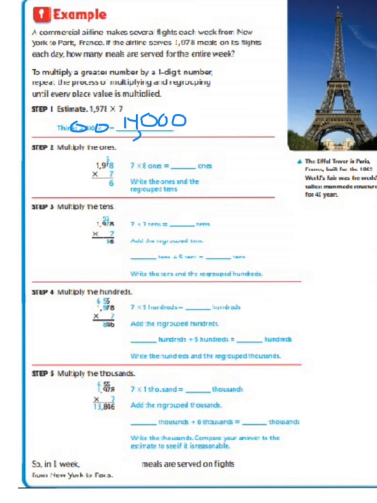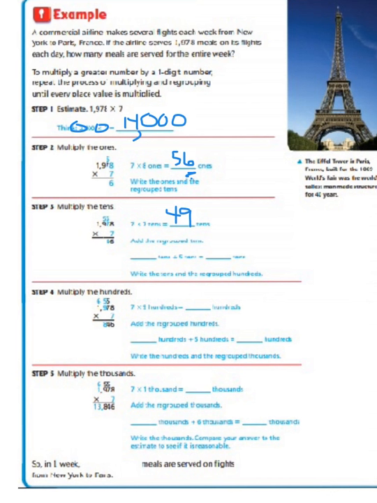Our next step is to multiply the ones. So we know that 8 times 7 equals 56 ones. And we're going to write the ones, which is the 6. This is in the ones place. And we're going to regroup the tens, which is the 5. The next step is to multiply the tens. 7 times 7 equals 49 tens.